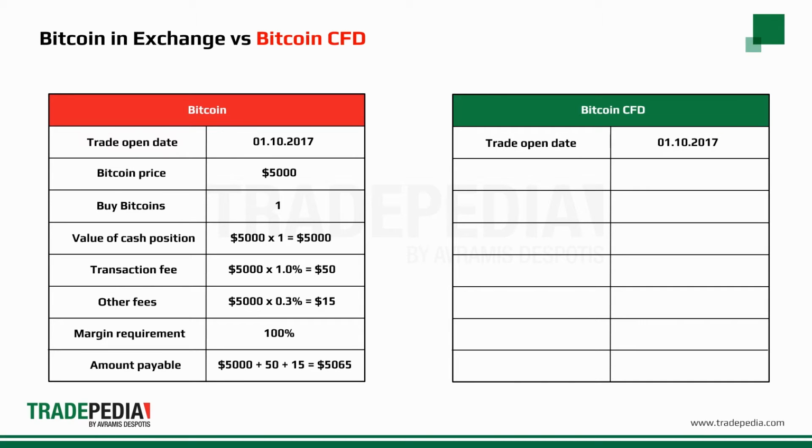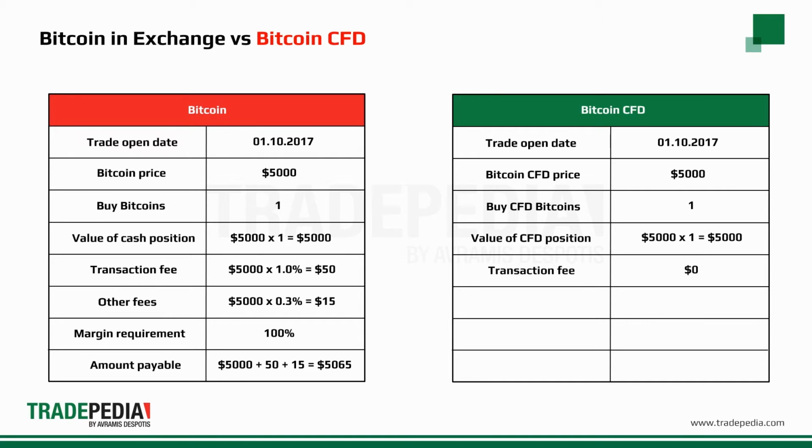Now let's look at what happens when we trade the Bitcoin CFD. We also bought on the 1st of October 1 Bitcoin CFD at $5,000. The value of our position equals again 1 times 5,000 equals $5,000, same as its cash equivalent. With a transaction fee of 0%, we would be charged nothing. With a 0% deposit and other fees, we would be charged nothing again. CFDs also provide leverage.